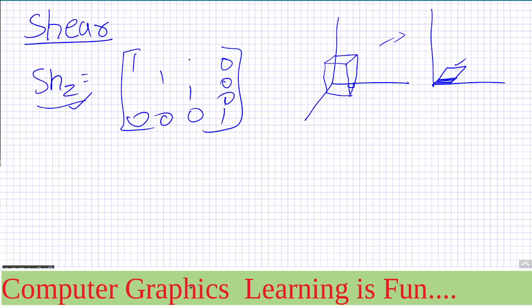On the z-axis, some values need to change. X will also change and y will also change. Other things are as it is. Okay. These parameters a and b are some real values. What will these parameters do? They will change the values of x and y coordinates here.